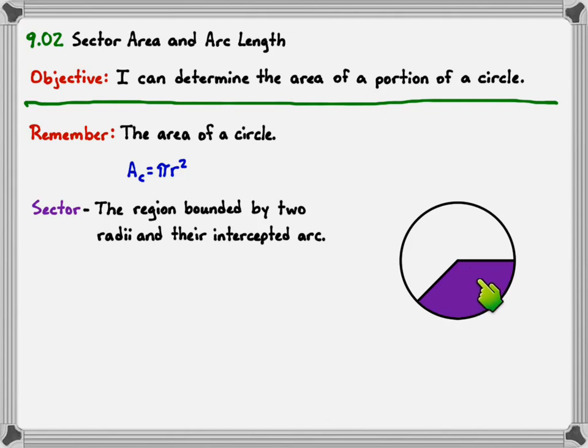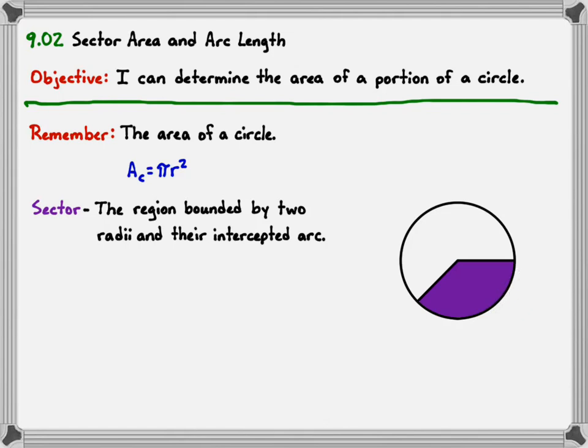It is bounded, which means it's contained by, it's within, the two radii, the radius here and the radius there, and then the intercepted arc. In other words, the radii hit the circle at this point and at this point. And so this length here is called the intercepted arc, if I could trace that a little bit better. So that is a sector.